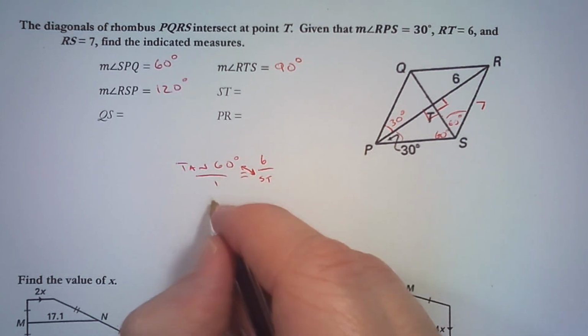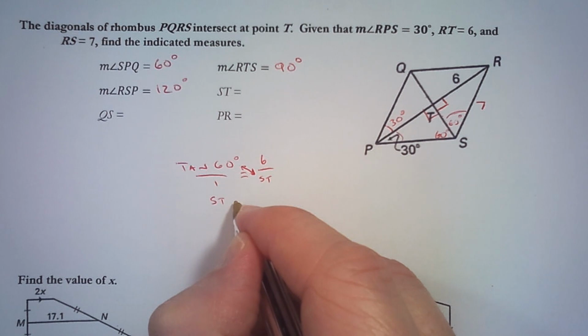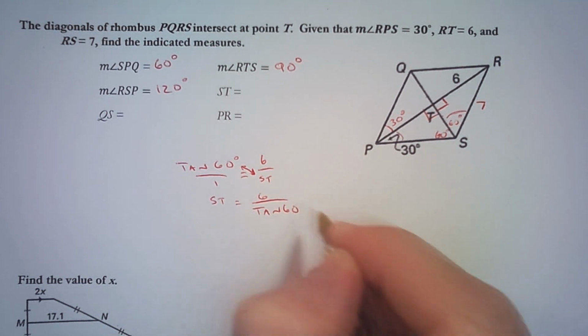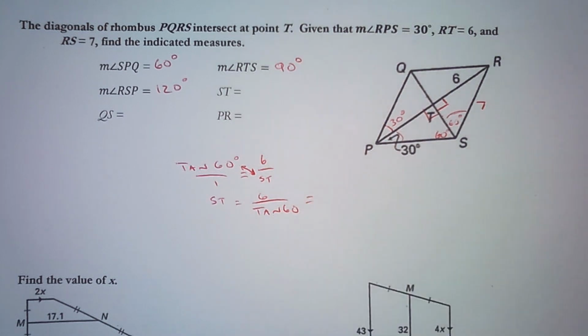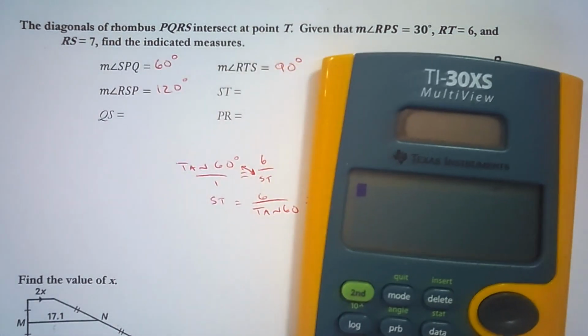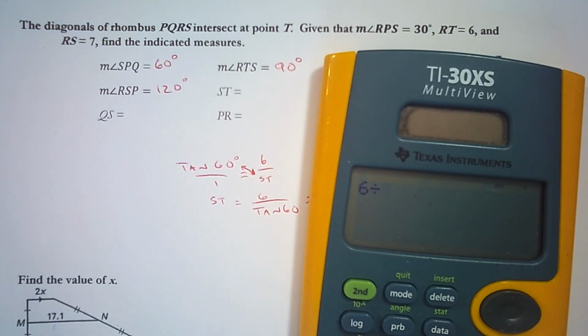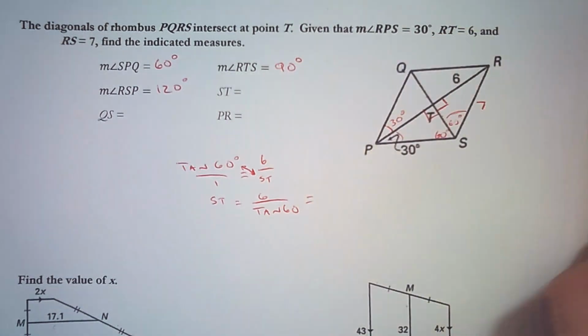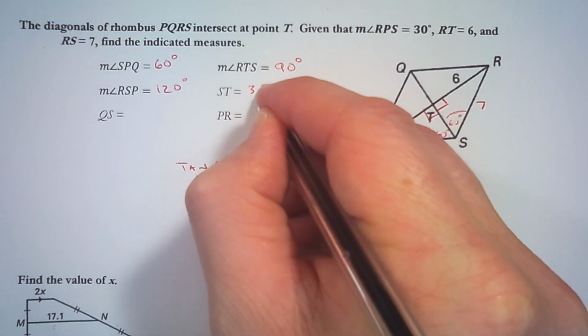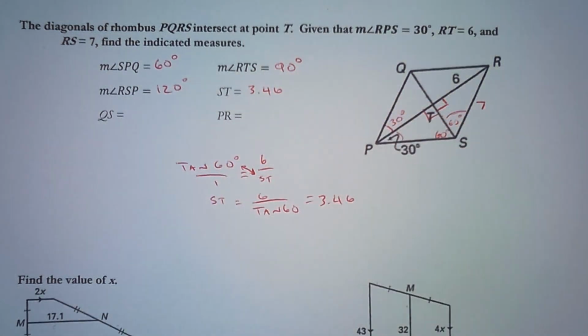So I can switch diagonally and get ST is equal to 6 divided by tan 60. Okay, so 6 divided by tan 60 is 3.46. So ST is 3.46.